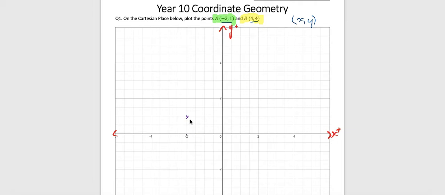So we've got this point here, which is A, and we call it (-2, 1). Now the second point we need to plot is B, which is at x equals 4 and y equals 4. So going across the x-axis to 4 and then going up on the y-axis to 4, we have our point here. So I'm going to label that B, which is (4, 4).